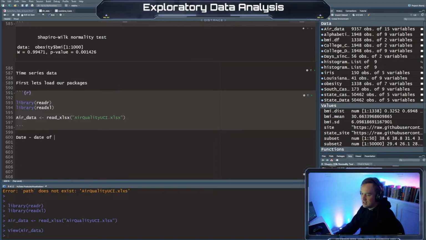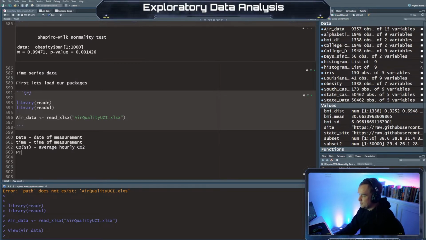Okay, so let's define some of these things. Date of measurement, time of measurement, CO GT, average hourly CO2, and that's in milligrams per meter.